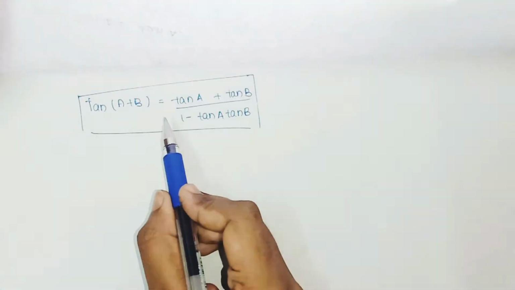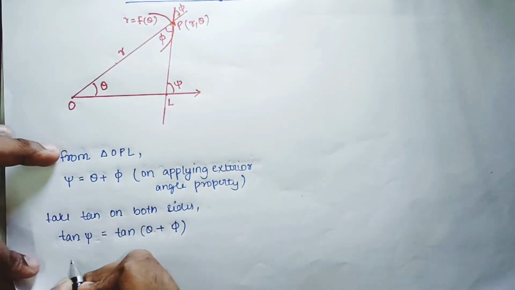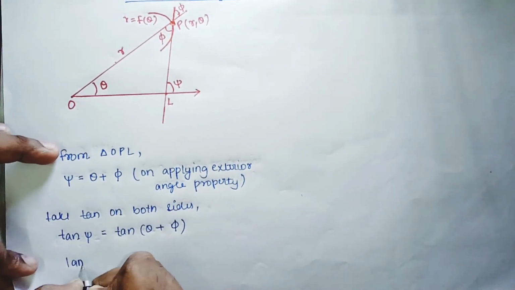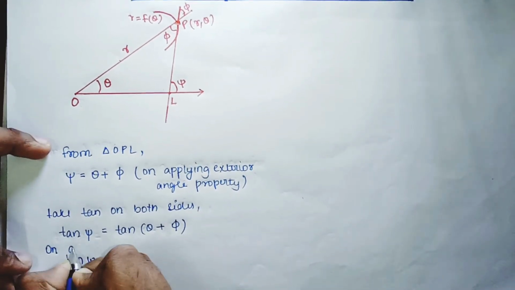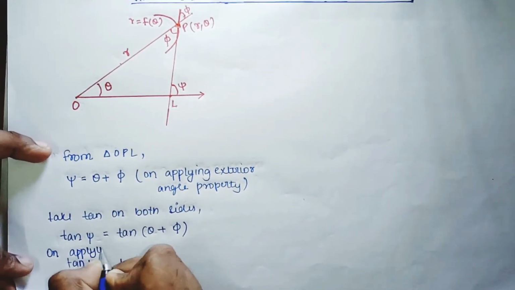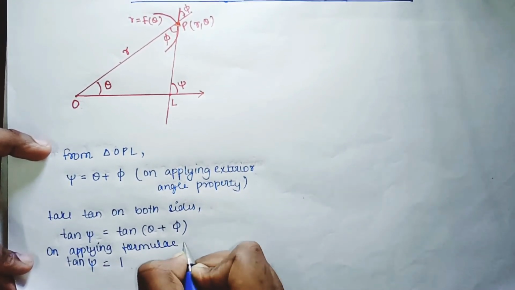Tan of A plus B is equal to tan A plus tan B upon 1 minus tan A tan B. That is, tan psi is equal to, this is the applied formula. If you want, while doing the derivation, you can also show the formula.